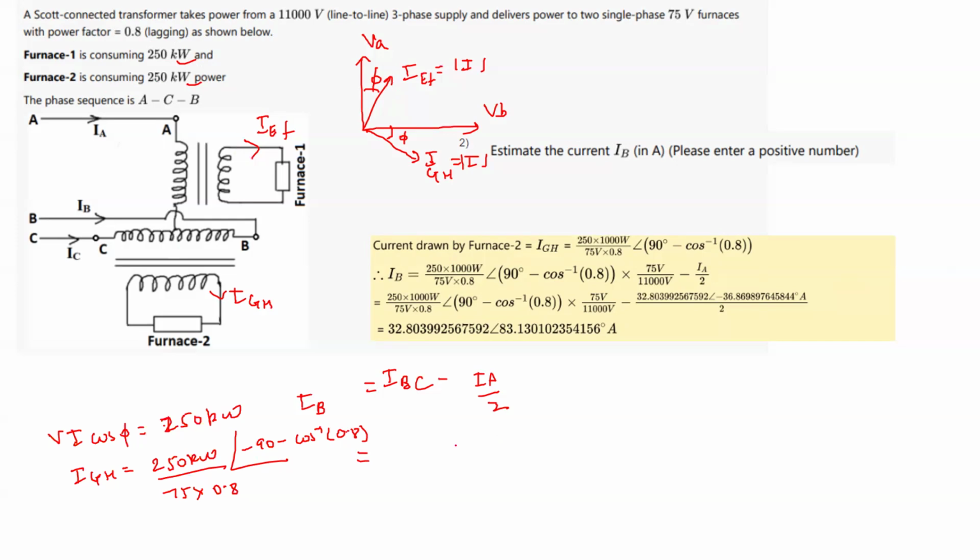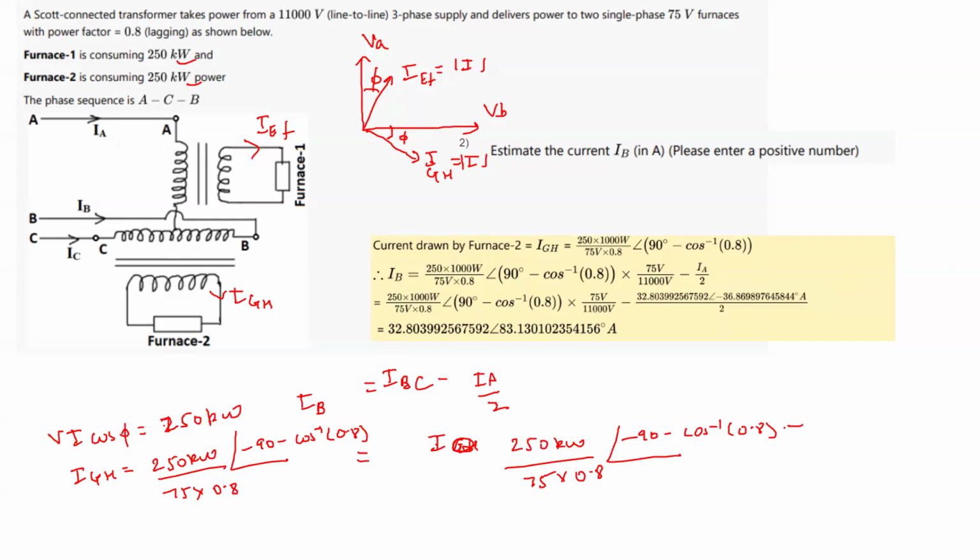So here, using this also, I can find it out. So IGH is 250 kilowatt by 75 into 0.8, minus 90 minus cos inverse 0.8.